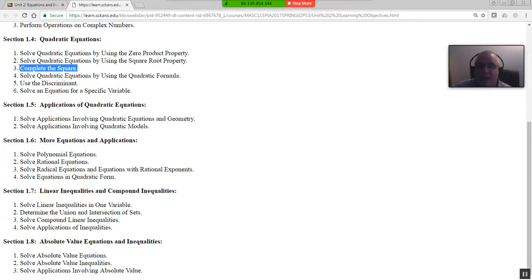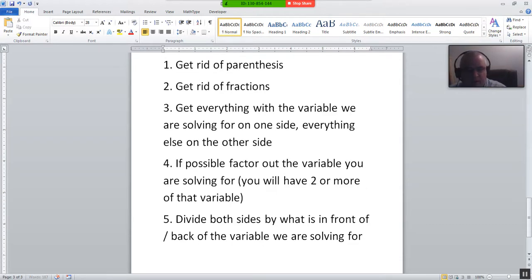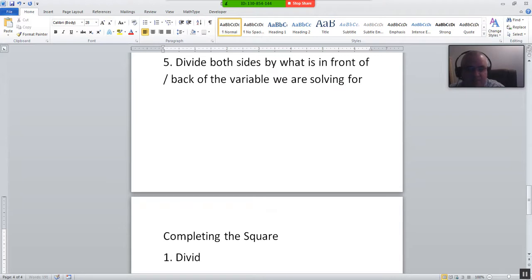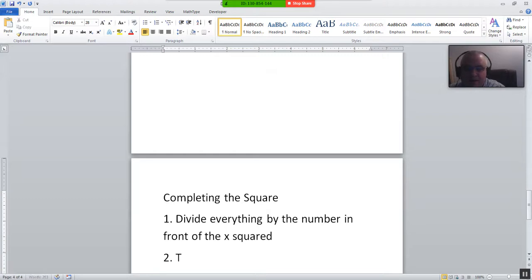Now the next topic we're going to take a look at is completing the square. Step 1: divide everything by the number in front of the x squared. Step 2: take the constant term to the right side.